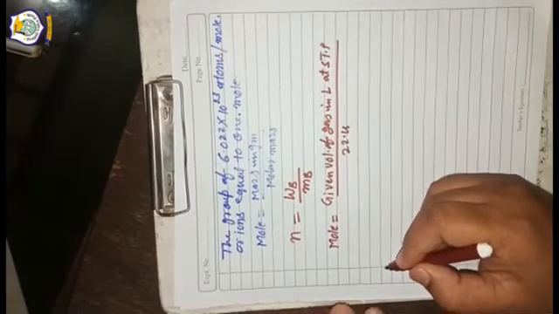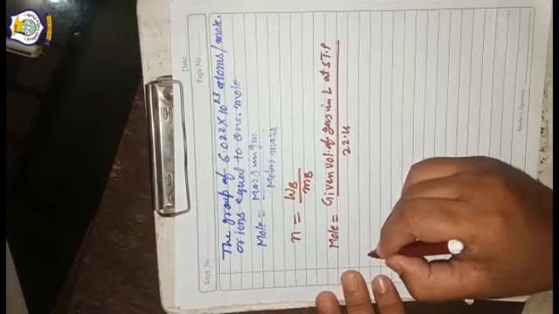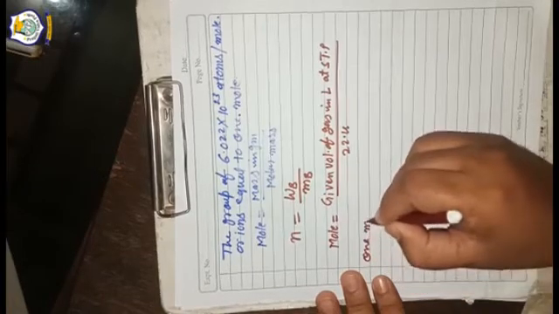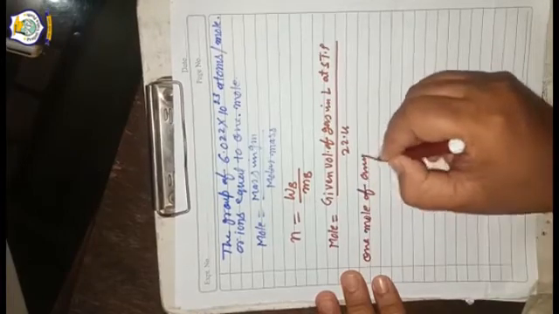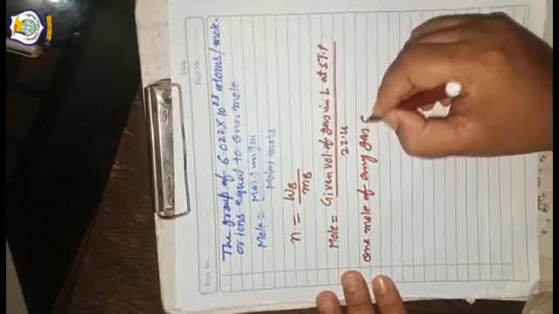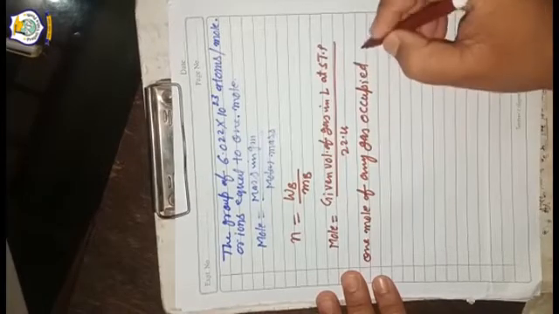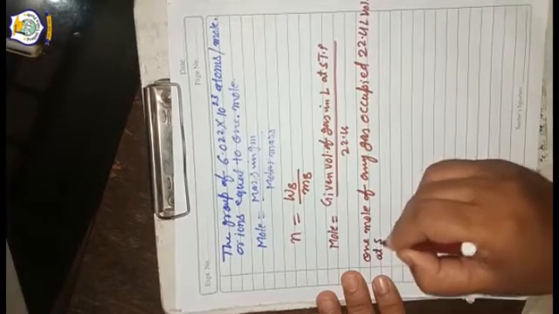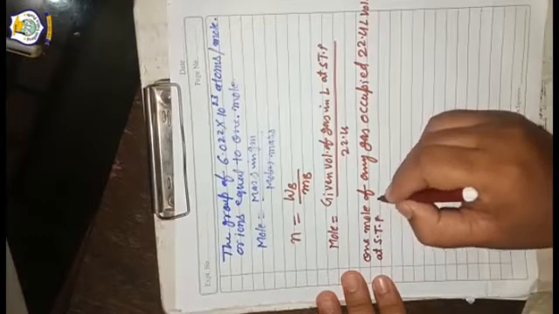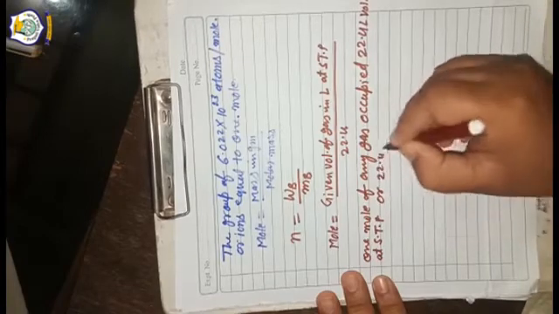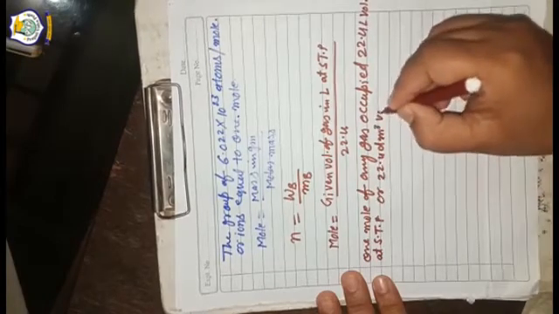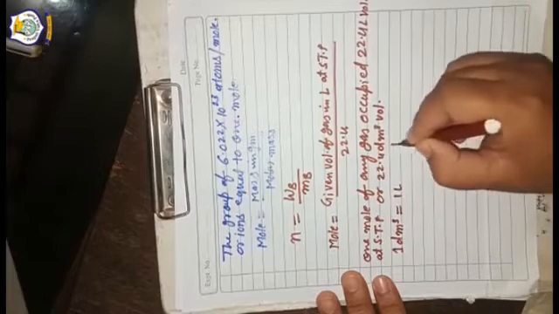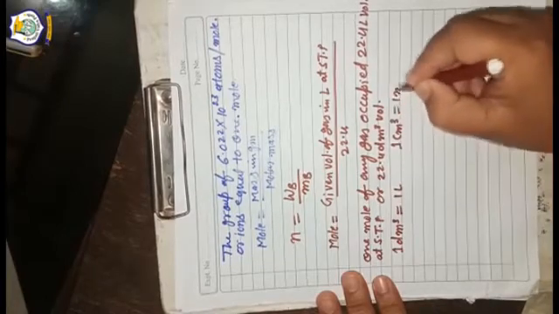We know that 1 mole of any gas occupies 22.4 liter volume at STP, or 22.4 decimeter cube volume. 1 decimeter cube equal to 1 liter, 1 centimeter cube equal to 1 ml.